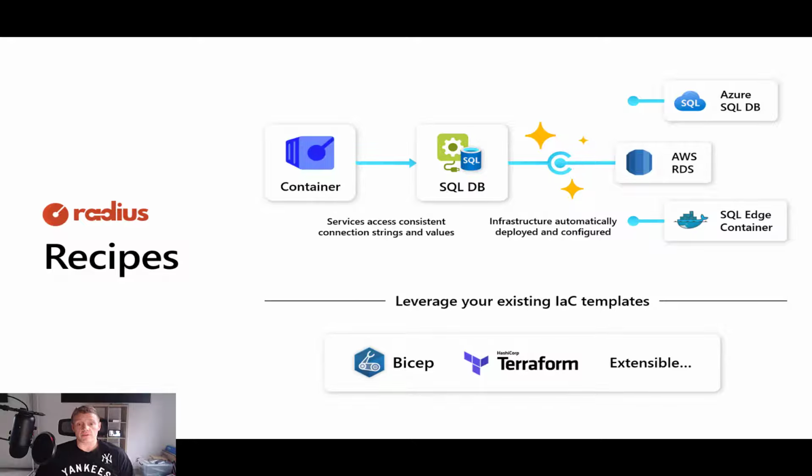So when a developer deploys their application and its resources, recipes will automatically deploy the backing infrastructure and bind it to the developer's resources. Currently, recipes support both Bicep and Terraform.